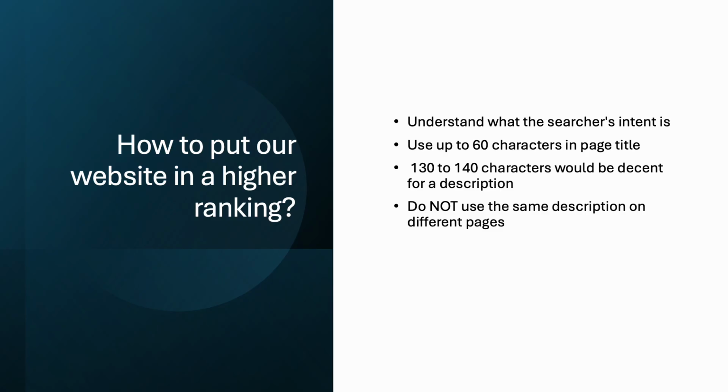Otherwise, there are too many terminologies to filter for the searchers, so your page won't show up in very high rankings in the search engine when searchers type some terminology that your description might include. So that's why we should put a limited length. In this case, up to 140 characters should be used in the meta description. This is also pretty important, as well as the length of the page title in your website.